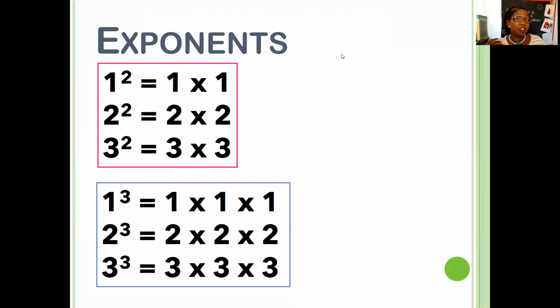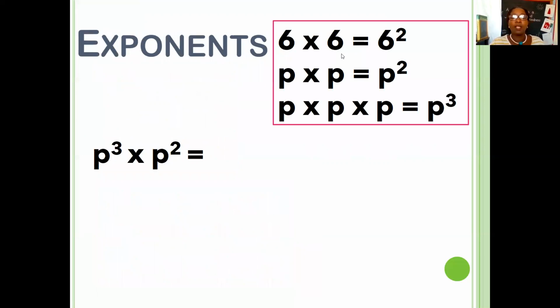Now, suppose I turned it around. And I said, what do you think is 6 times 6 in exponent form? 6 times 6 is 6 squared. And P times P is P squared. Let's look at that third one.